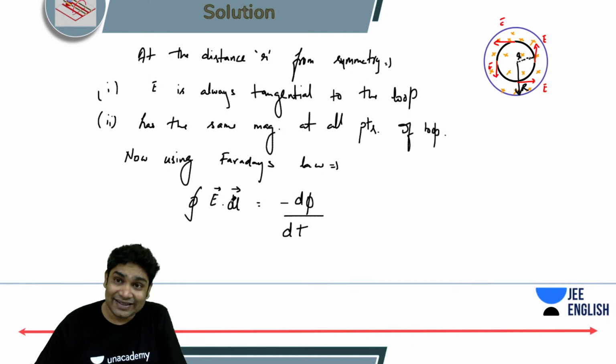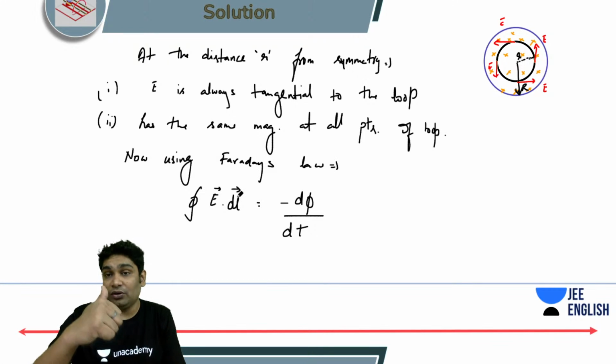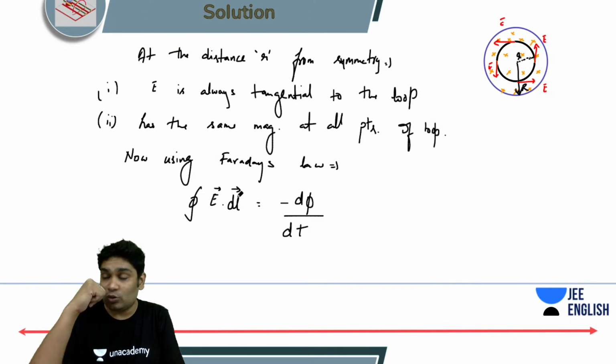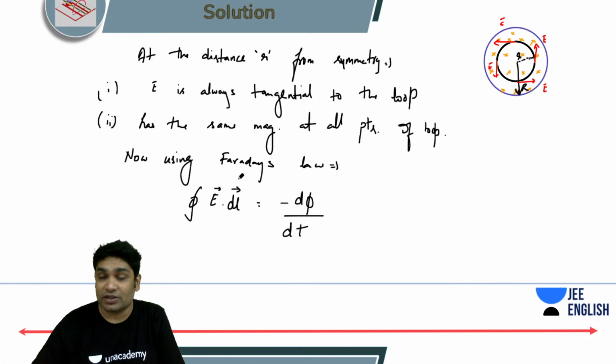Now, since I'm doing this integral in the anti-clockwise direction, the outward area vector would be considered to be positive.